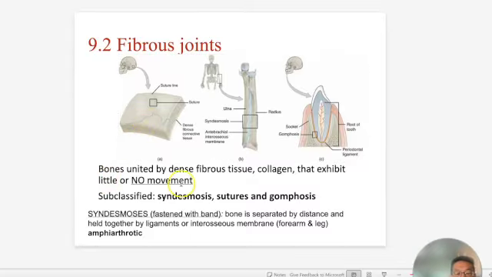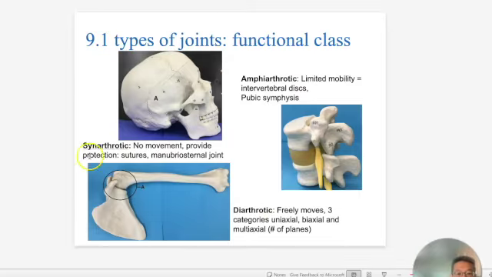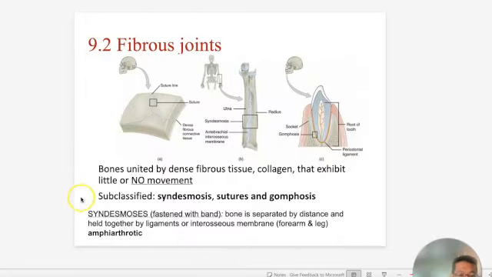So these are bones united by dense fibrous tissue, collagen, that exhibit little or no movement. Remember earlier, the synarthrosis joint? These are classified into syndesmosis, sutures, and gomphosis.